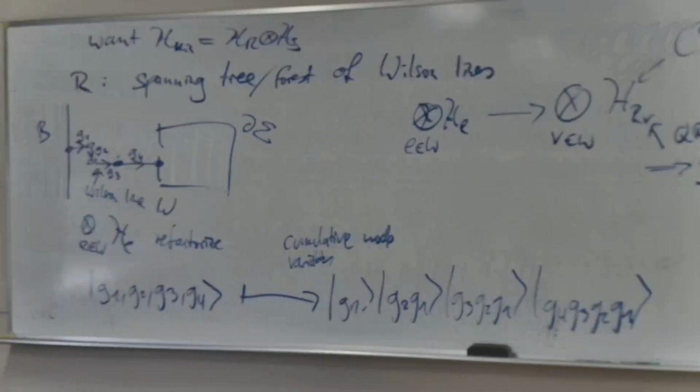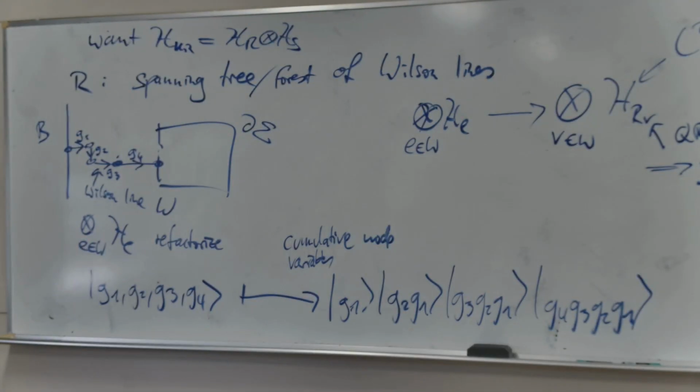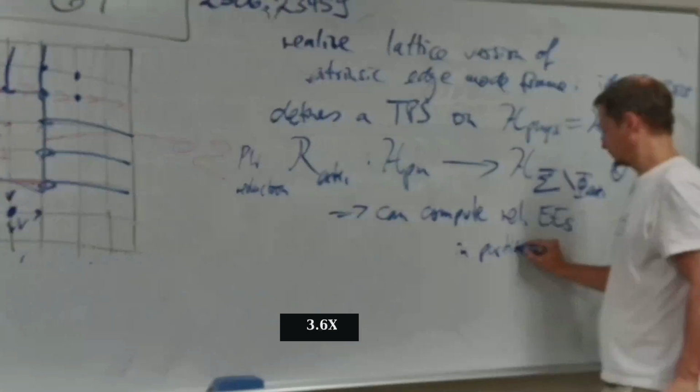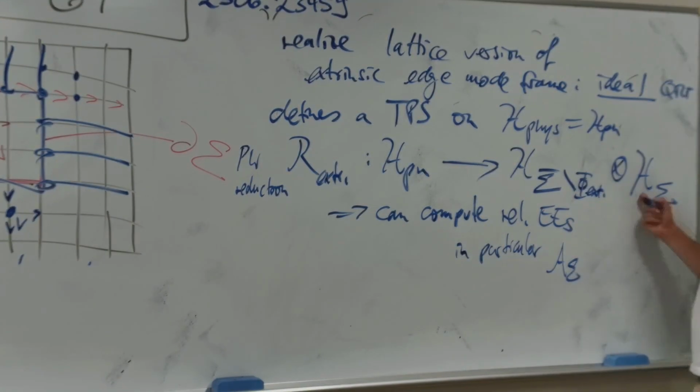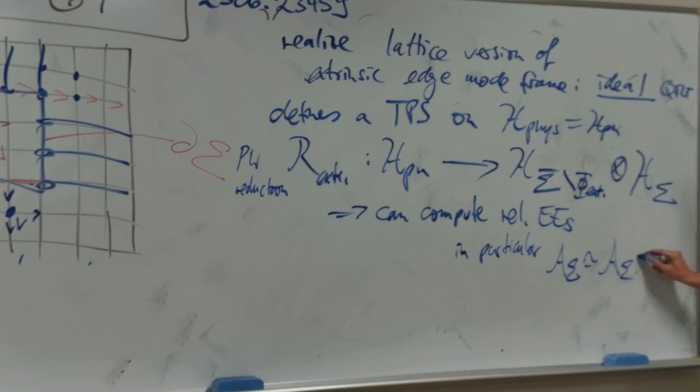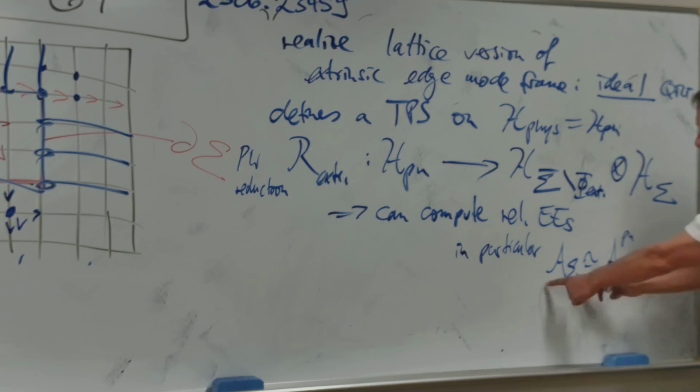So in particular, this A sigma, this here, is isomorphic to the regional degrees of freedom relative to this phi extrinsic. So that's the gauge-invariant description, that's the reduced description.